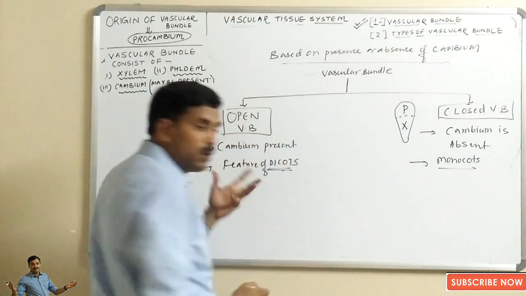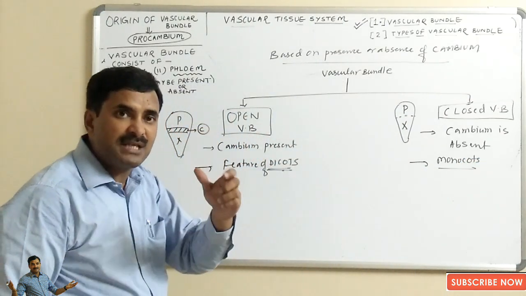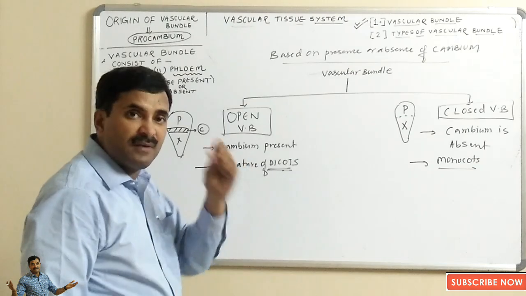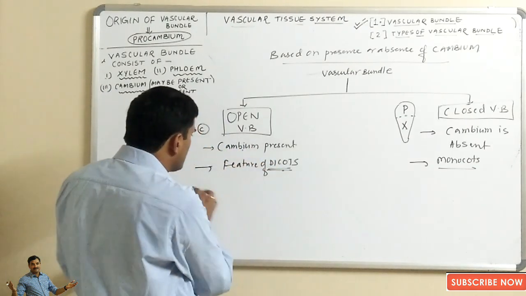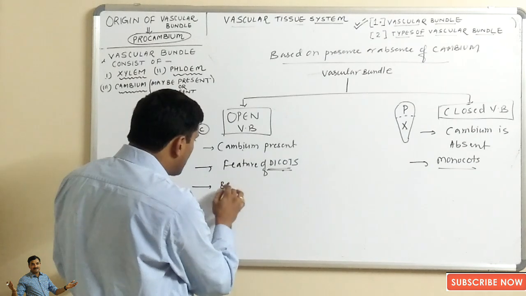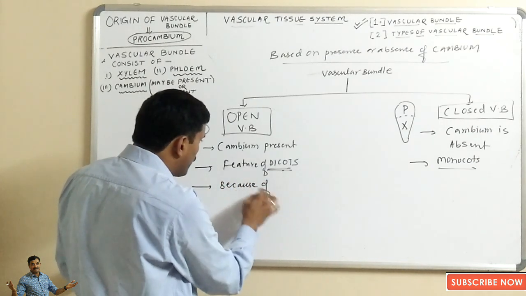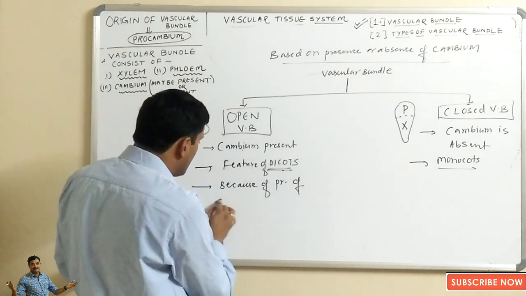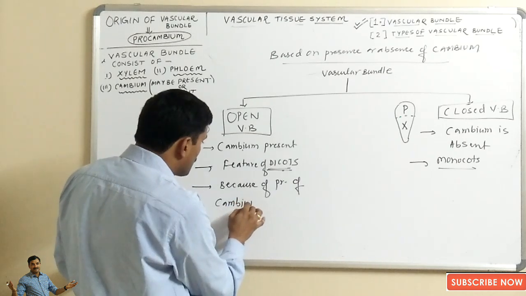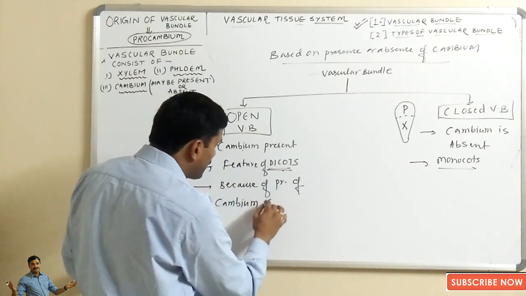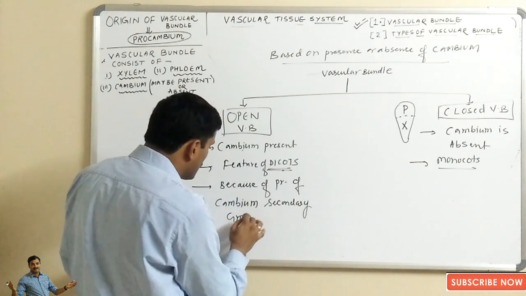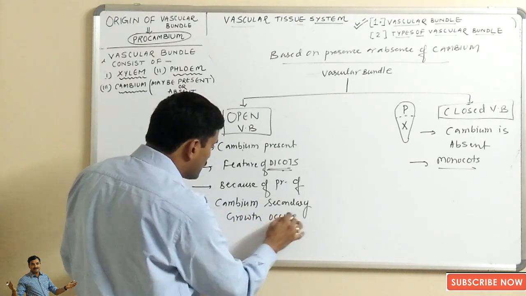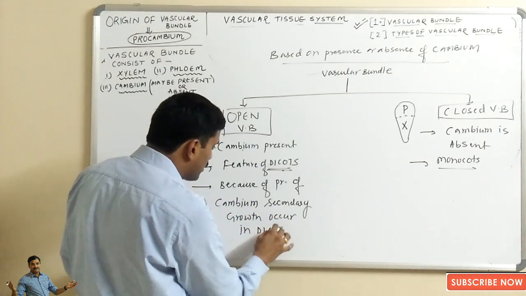As we know very well that whenever the cambium is present, it is responsible for the secondary growth. So as we know that cambium is present in the dicots, what happens? Because of presence of cambium, secondary growth occurs in dicots.